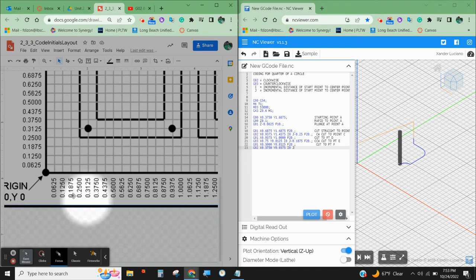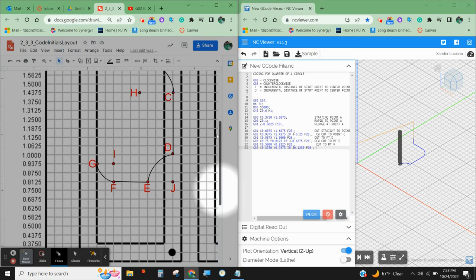So I'm going to look for what 2 squares equal to. 2 squares is 0.125. Okay, so 0.125, 0, F20, period, semicolon. So this one is clockwise. So I'm going to put CW for comment, cut to point G.